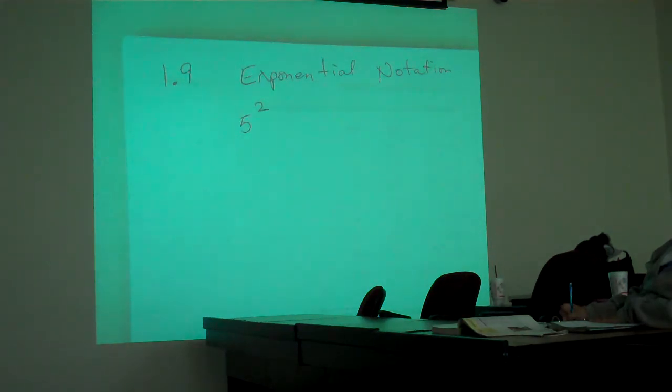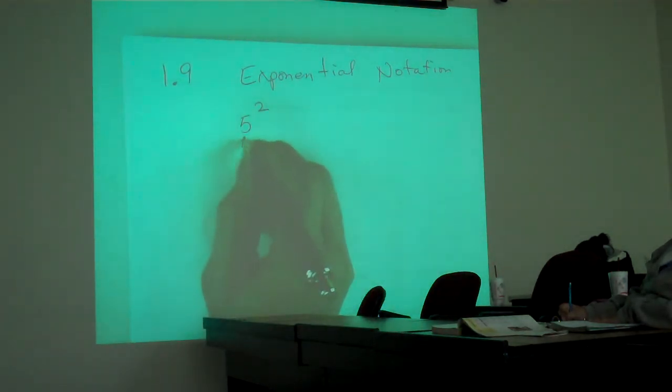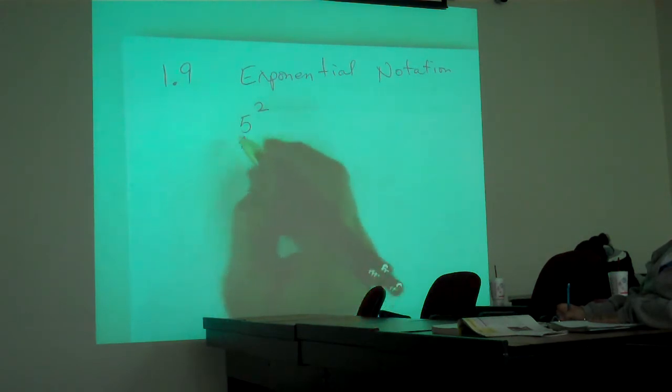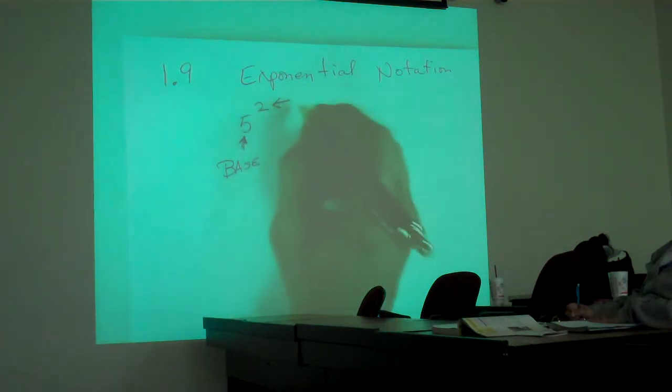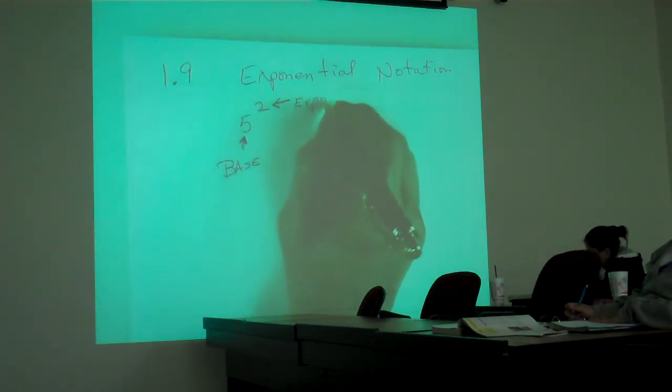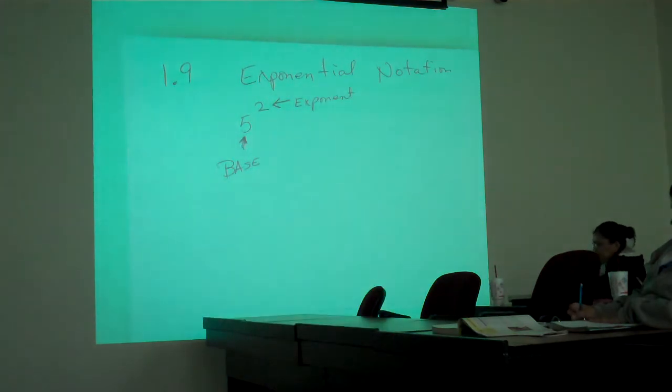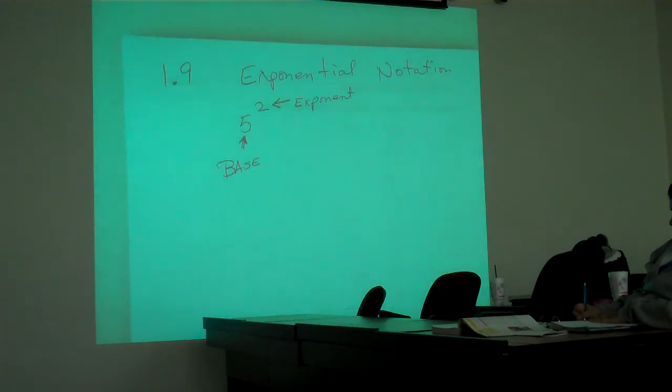The 2, right. The bottom part here, the number that's being repeated, that's called the base. The number up above it is your exponent. Okay, the exponent tells you how many times you're multiplying the base times itself.